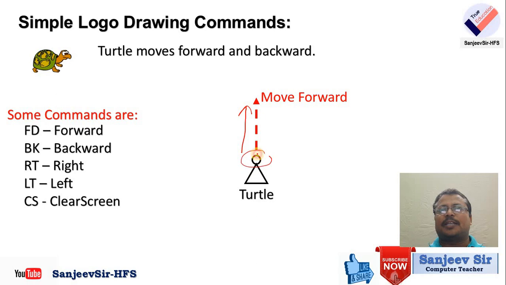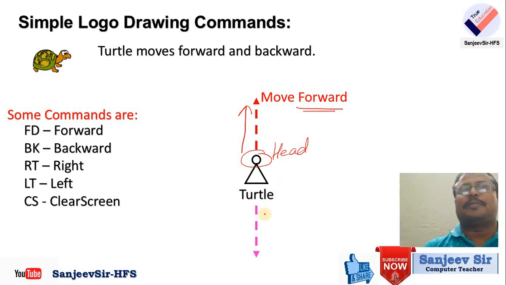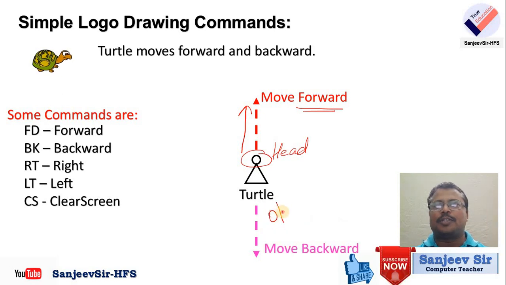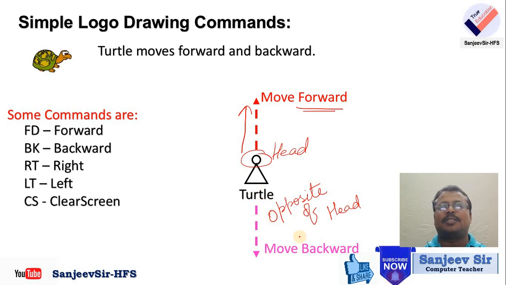So if the turtle moves in the head direction, this is known as moving forward. But if the turtle moves in a backward direction, that means the opposite of the head direction. Understood? So in a reverse way the turtle moves, and that is known as backward.